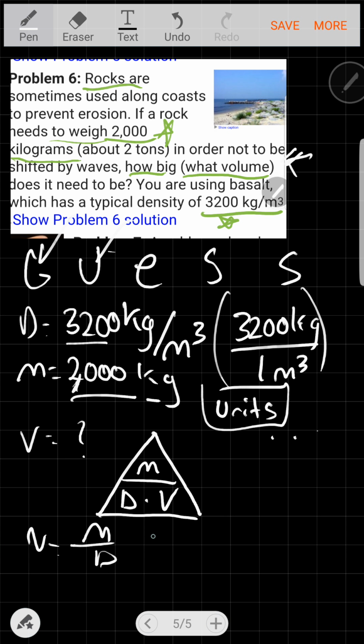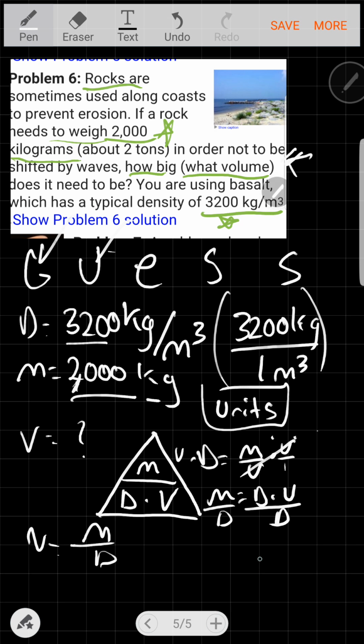And if you didn't know that already, what you could have done is solve it algebraically. You know that D equals M over V, and so you solve for V. We'll multiply both sides of the equation by V and cross it out, and we're left with M equals D times V. Then we divide by D again, which crosses it out and leaves V equals M over D. If you need help doing that, go back and rewind the video and watch this part again.